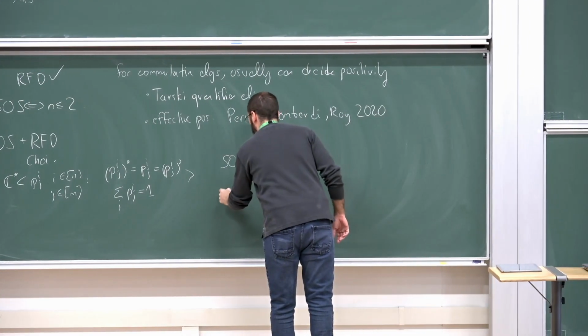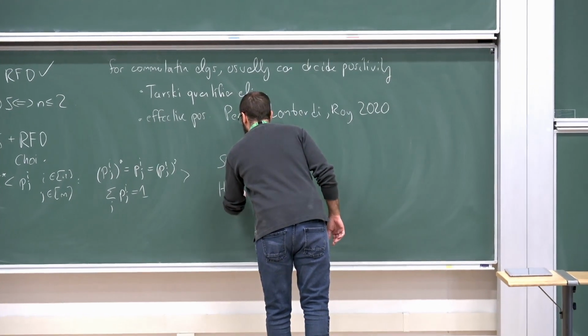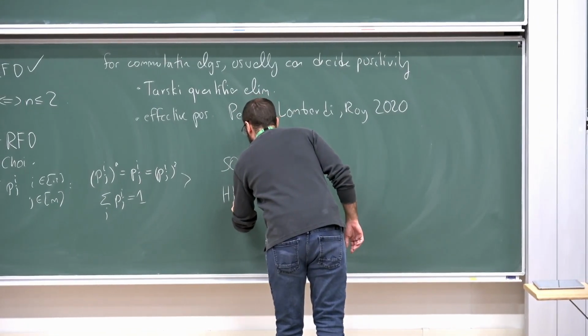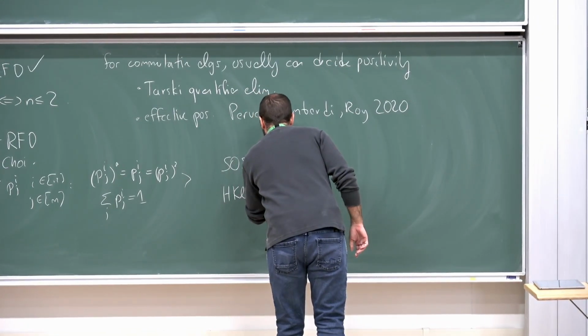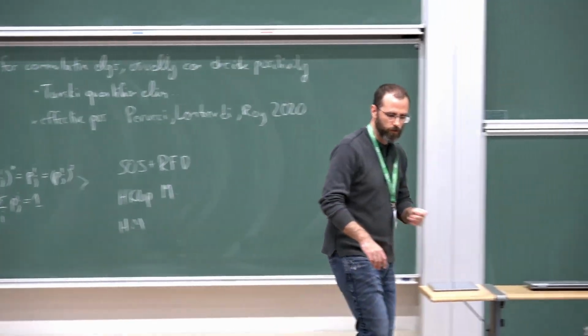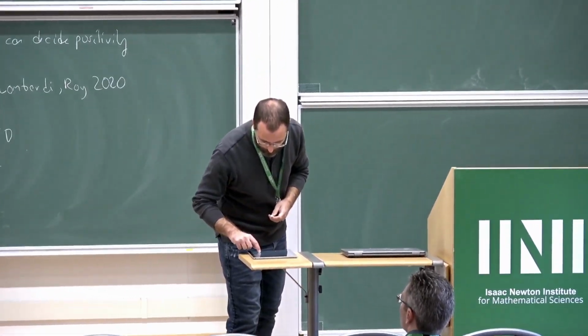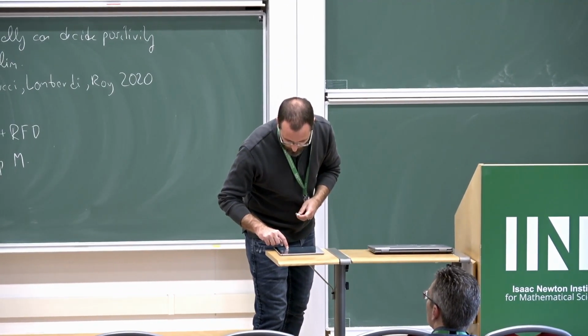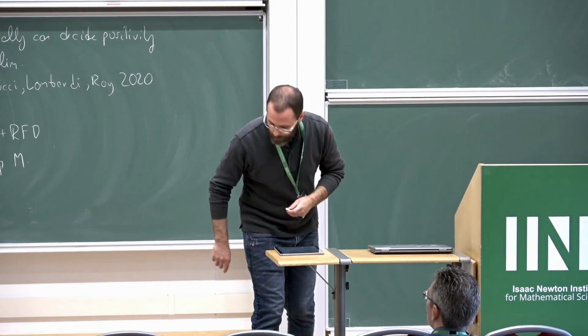So you could get this from results of Helton-Klep and McCullough, or Helton and McCullough and Putinar.